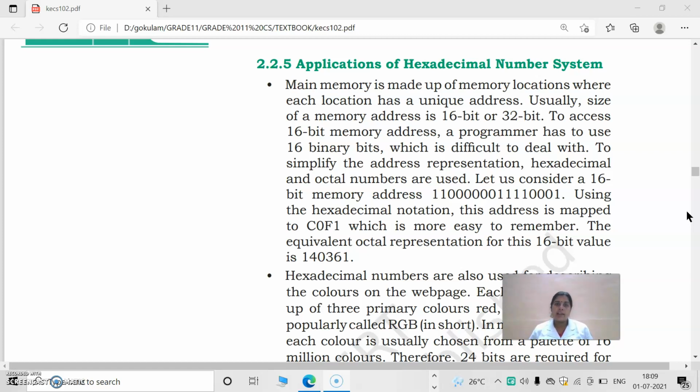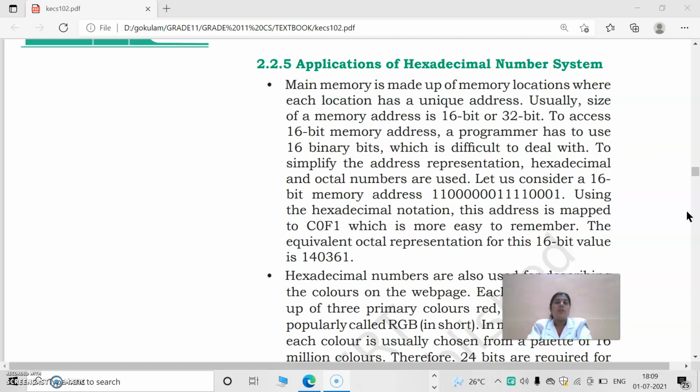We know that one hexadecimal digit consists of 4 bits. So in this 16-bit address, the first 4 bits are converted to hexadecimal, then the next 4 bits are converted to hexadecimal, and so on. So only 4 digits are needed to represent our 16-bit address. Can you follow me? To access a 16-bit memory address, 16 bits are needed, but it is difficult to remember these 16 bits.